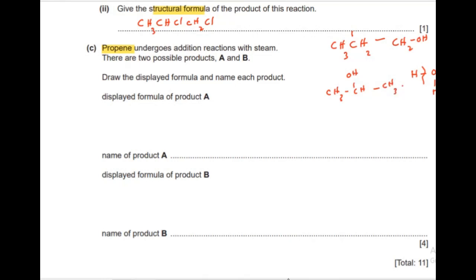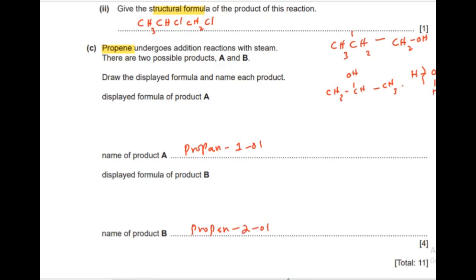So it may be the name of the product. The first product is propan-1-ol, so you may get propan-1-ol or propan-2-ol.